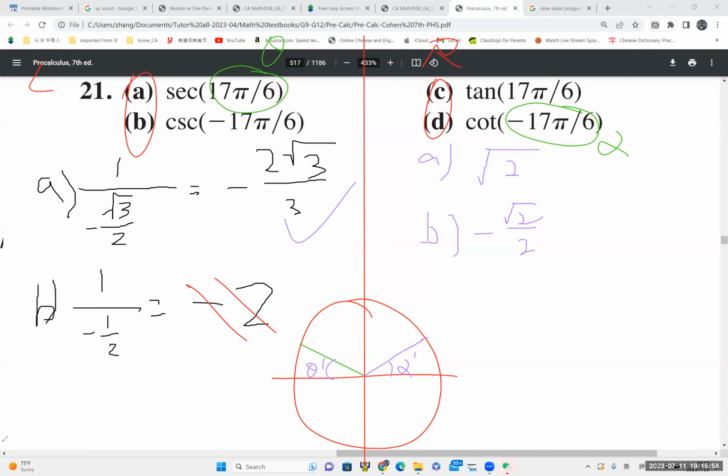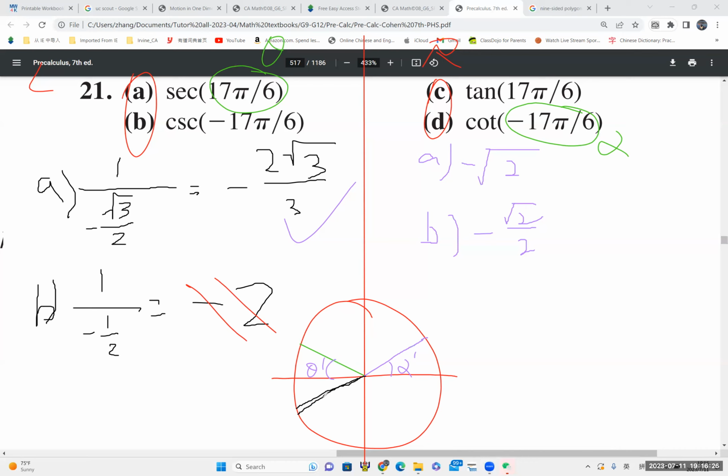Is the terminal point I drew correct? Do you think it's correct? The green is the place for the angle 17 pi over 6. The purple is for the negative angle. Neil drew this one in black, right?